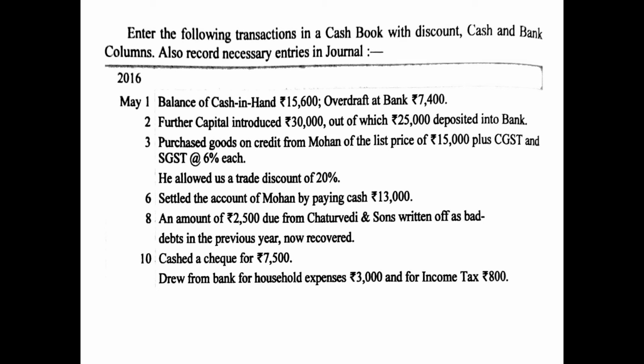And how will you calculate the amount? How much goods are you purchasing from Mohan? The list price is 15,000 plus CGST and SGST 6% each. So 6% of 15,000 will be CGST, which will be added to the cost, and plus 6% of SGST will also be added to this.